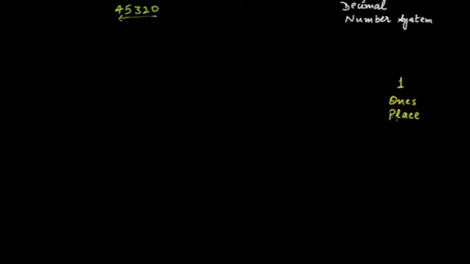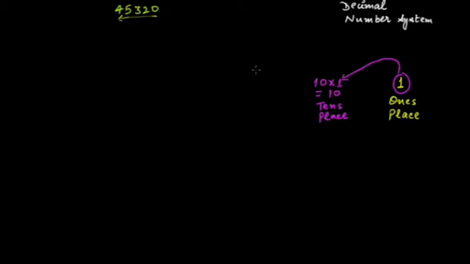So this was the ones place. The next place has a value of 10 multiplied by the value of the previous one. The previous one is 1, and it has a value of 10. Since it has a value of 10, therefore its name is tens place.